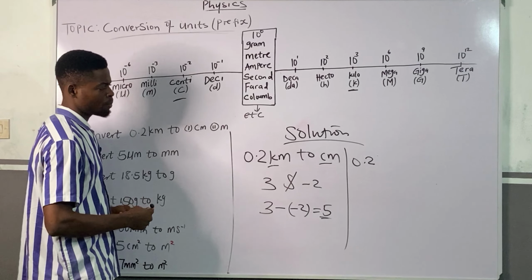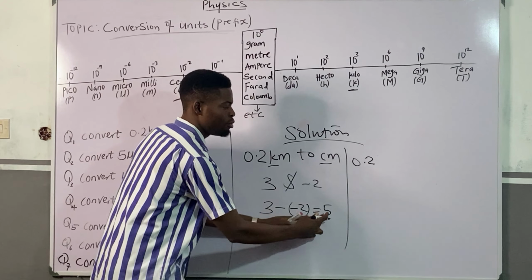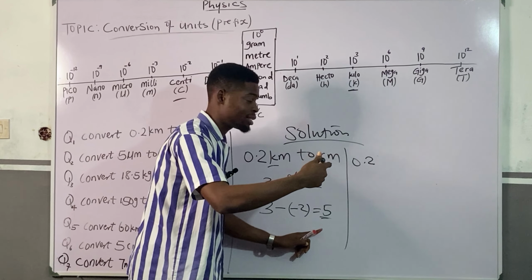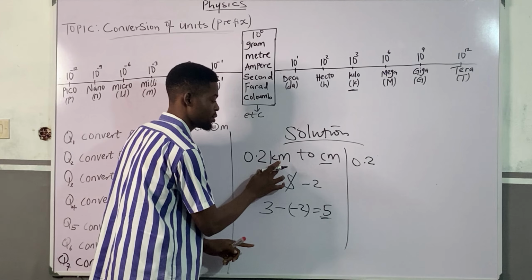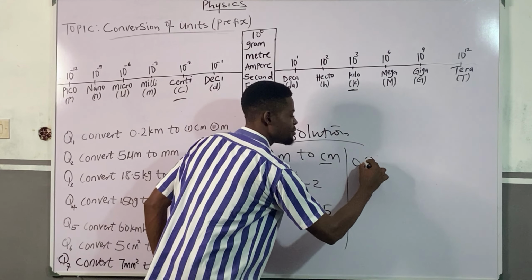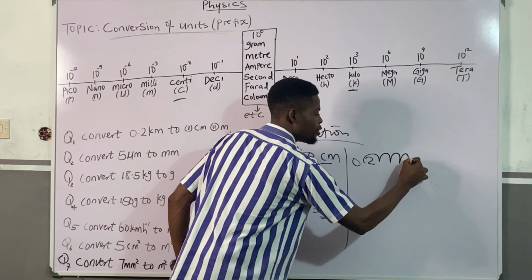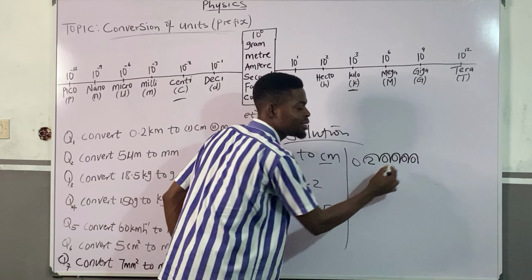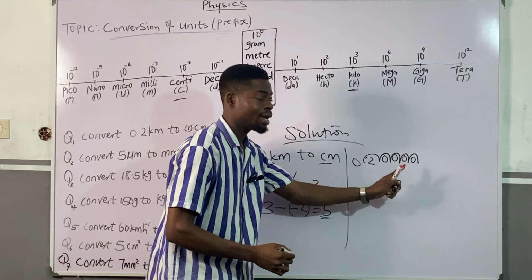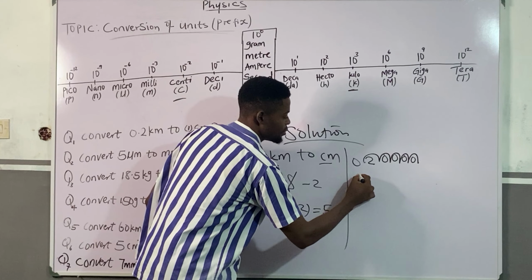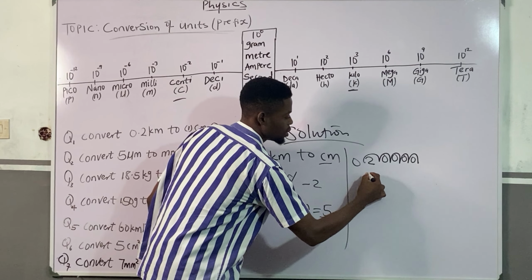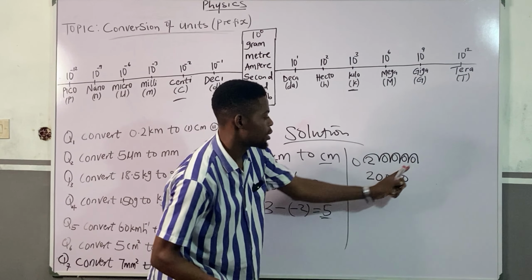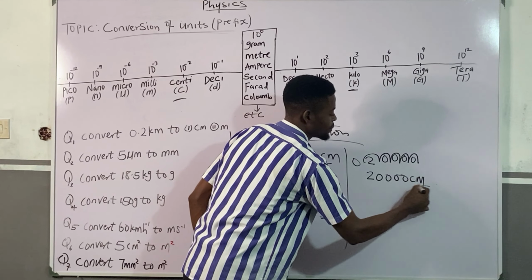So now we are moving 5 times toward the right because we are converting from a great unit, kilo, to centi. So we have 1, 2, 3, 4, 5. You add 0 in all the spaces there are for 0. This will now give us 20000, and that is in centimeter.